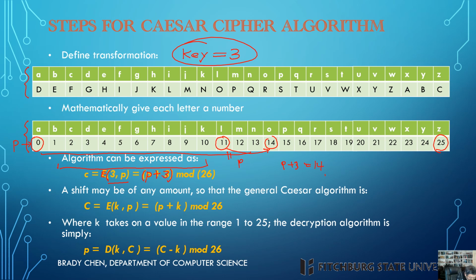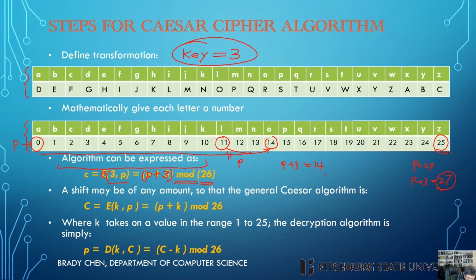However, we also put in a modular operation with 26. Why do we put in the modular operation? Because if P is, say, 24, what's the ciphertext? P plus 3 is 27. But if we look at this table, 27 is not there, because the numbers are from 0 to 25.